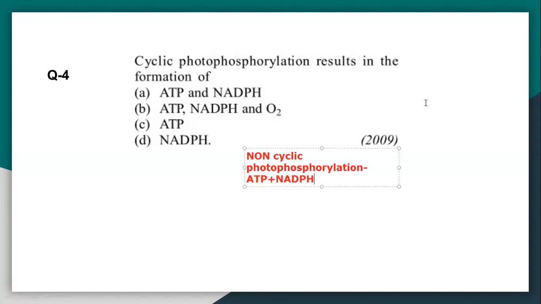But in the case of cyclic photophosphorylation, what happens?